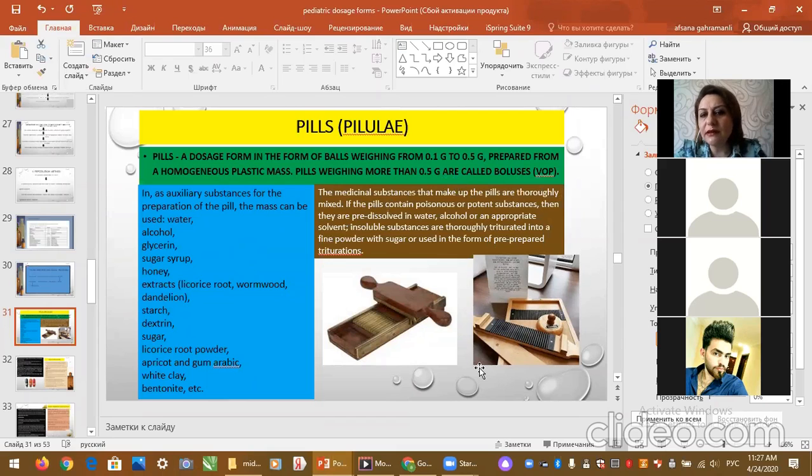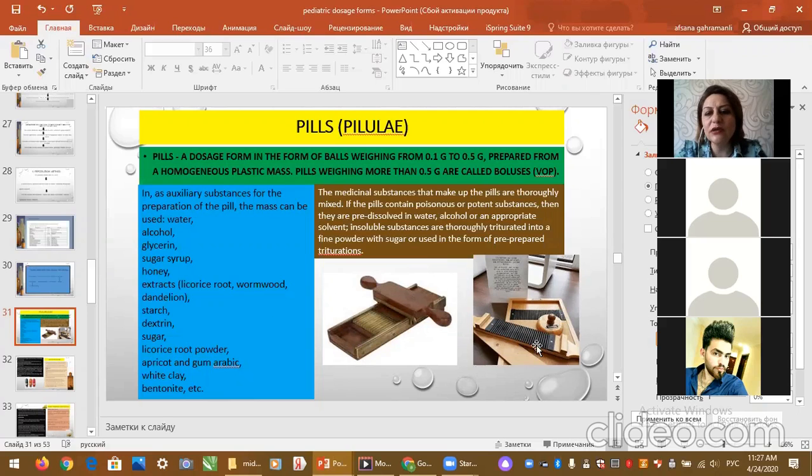If the pills contain poisonous or potent substances, then they are pre-dissolved in water, alcohol, or an appropriate solvent. Insoluble substances are thoroughly triturated into fine powder with sugar or used in the form of pre-prepared triturations.